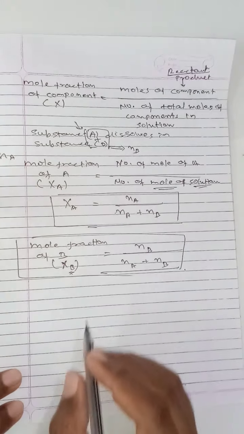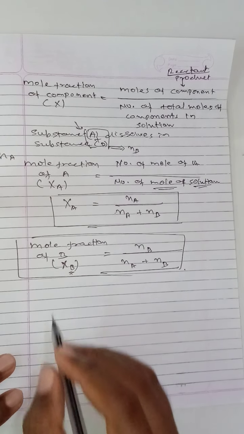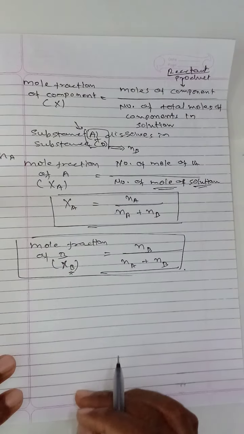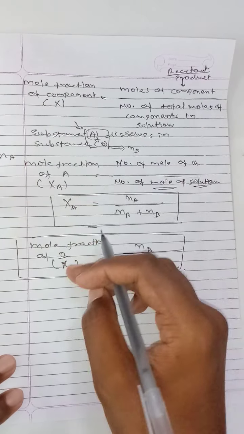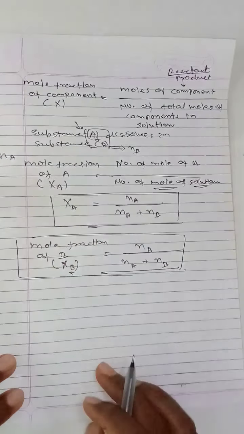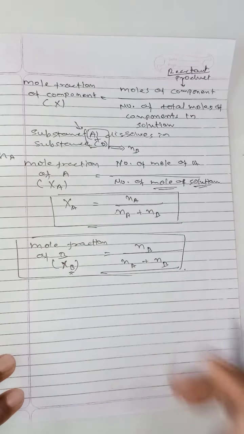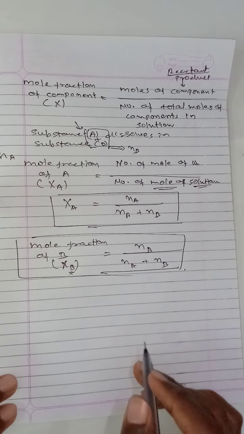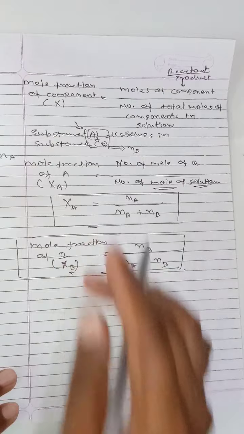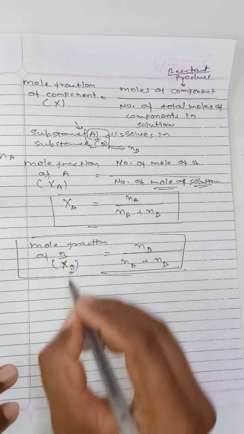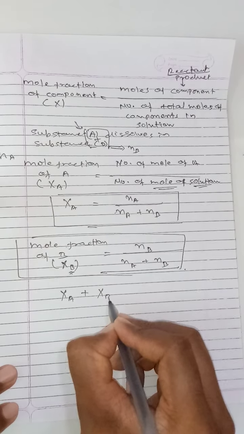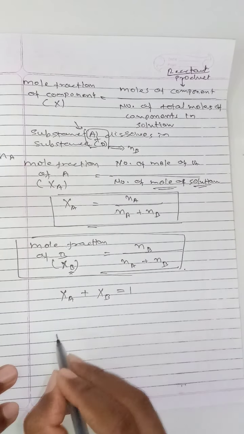And one thing, keep in mind, the sum of the mole fraction of all components in a solution is always equal to 1. Here we have two components, suppose A and B, and their mole fraction is Xa plus Xb equal to 1.